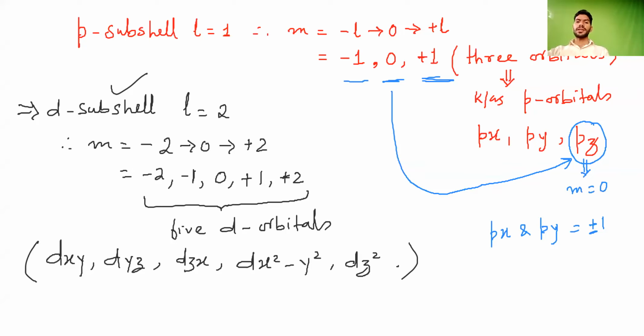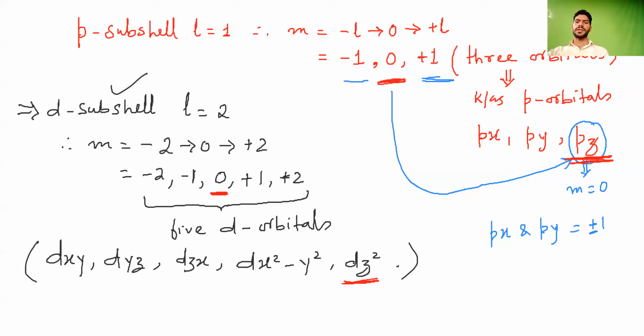Now, can you tell me this zero value will be for which d orbital? Just as I told you that in case of p, this zero is for pz, similarly you have to note down that among these 5 d orbitals, this zero value is for dz square.